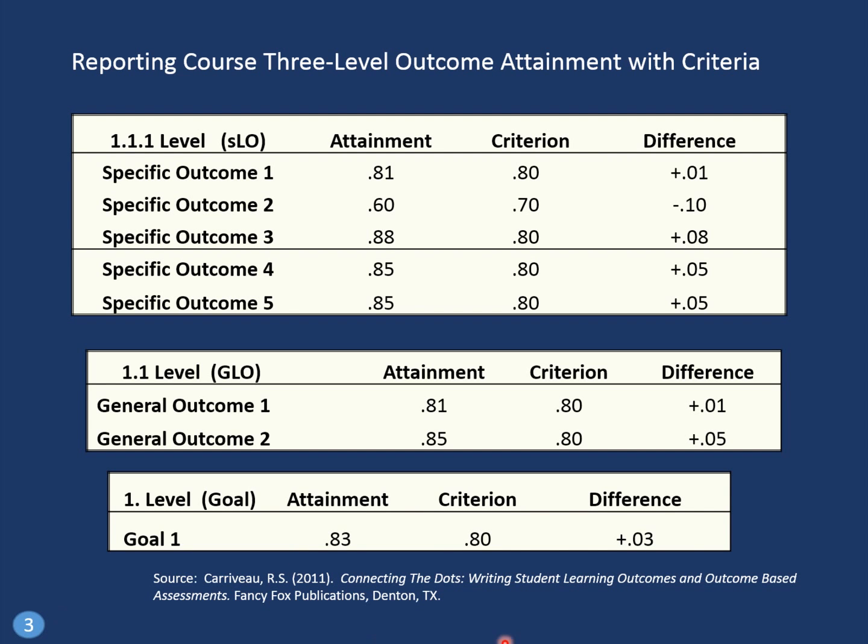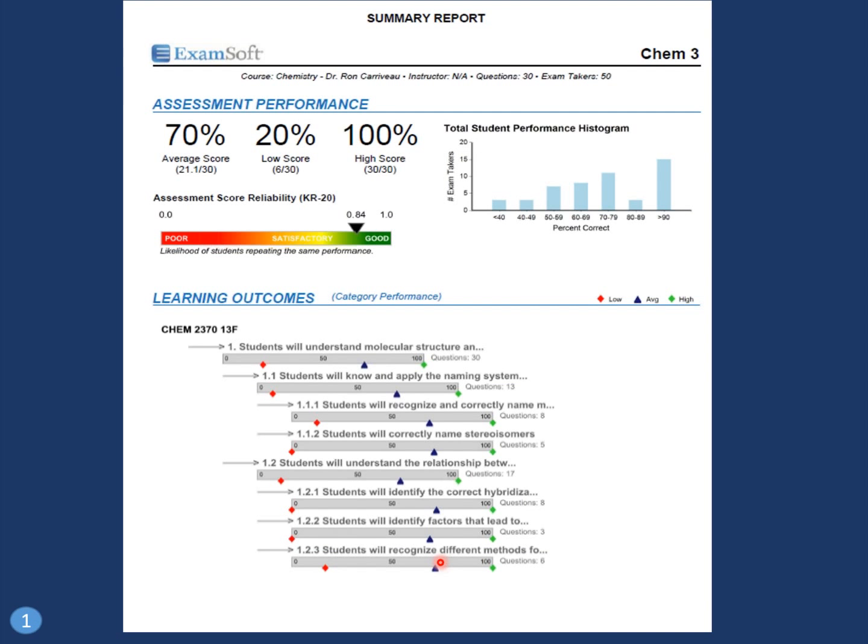So we talked about this last week a good amount, but we wanted to just refresh your mind. And then where we went last week was also to show some of the ExamSoft indicators of this in a more visually appealing way.